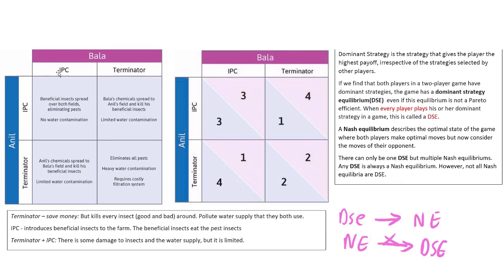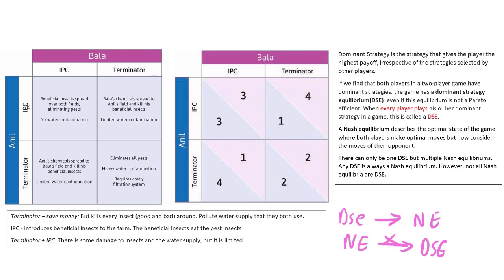However, if they choose to use IPC, IPC introduces beneficial insects for the farm. The beneficial insects eat the pest insects. So if one of them uses Terminator and the other uses IPC, there is some damage to the insects and also the water supply, but it is limited, okay? It's limited. So let's look at this chart.